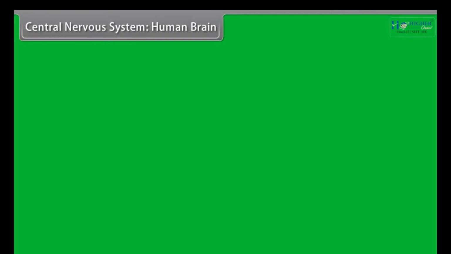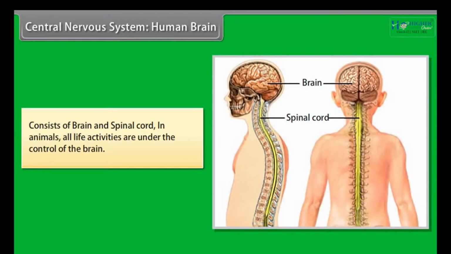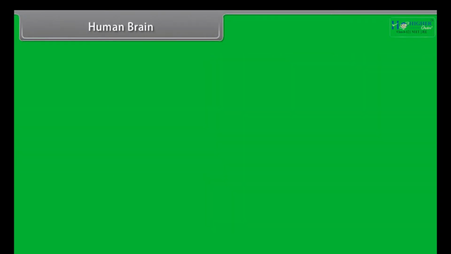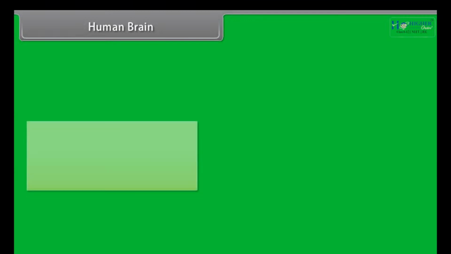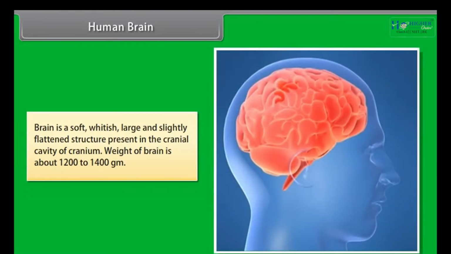Central nervous system. The central nervous system consists of brain and spinal cord in animals. All life activities are under control of the brain. Human brain. Brain is a soft, whitish, large, and slightly flattened structure present in the cranial cavity of the cranium. Weight of brain is about 1200 to 1400 grams.